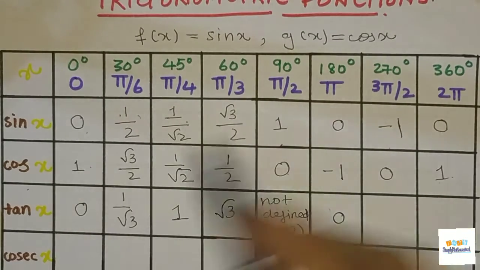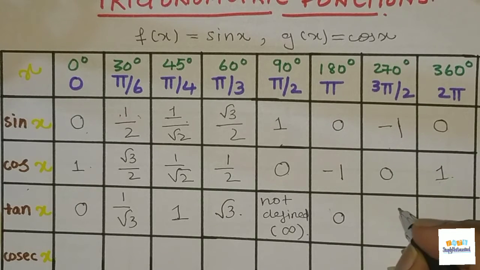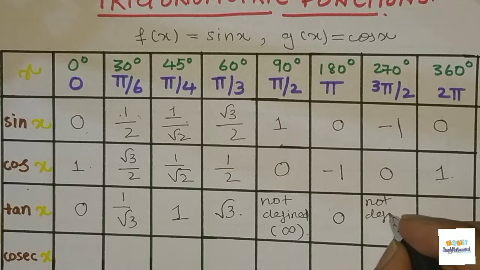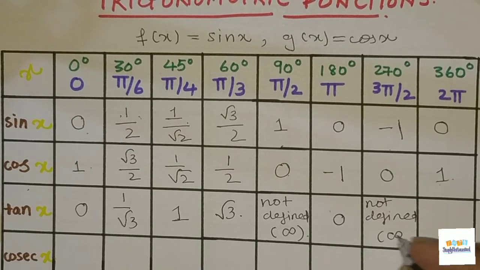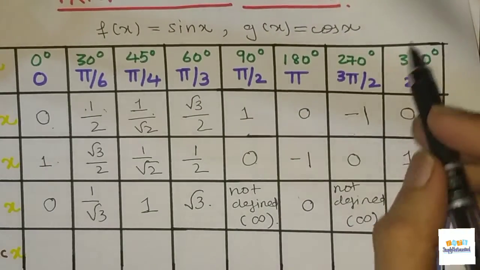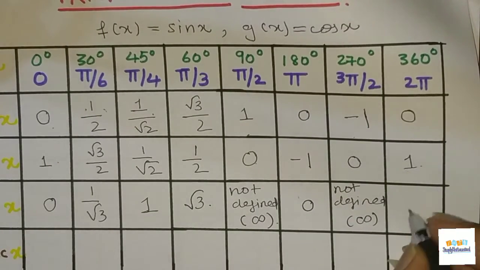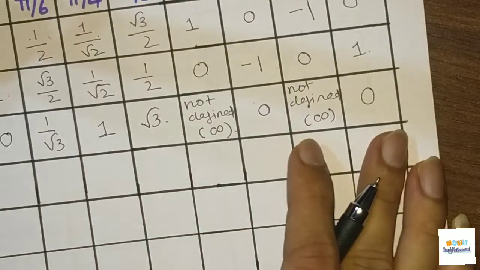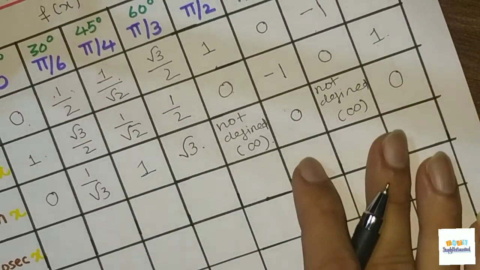Then tan of 270 will be minus 1 divided by 0, which is again not defined, also written as infinity. Then tan of 360 is 0 divided by 1, which is 0. So these values we got.